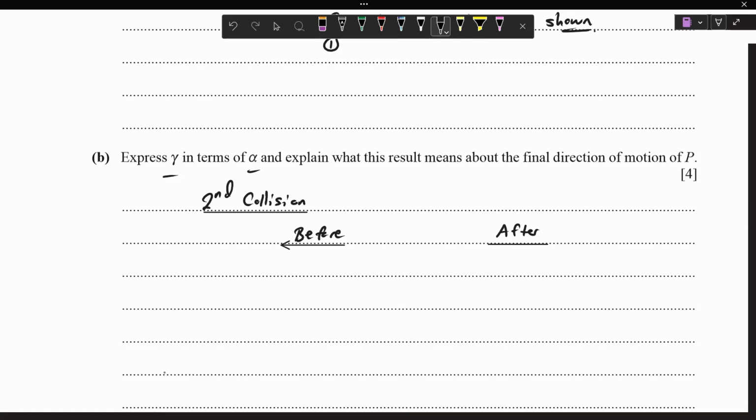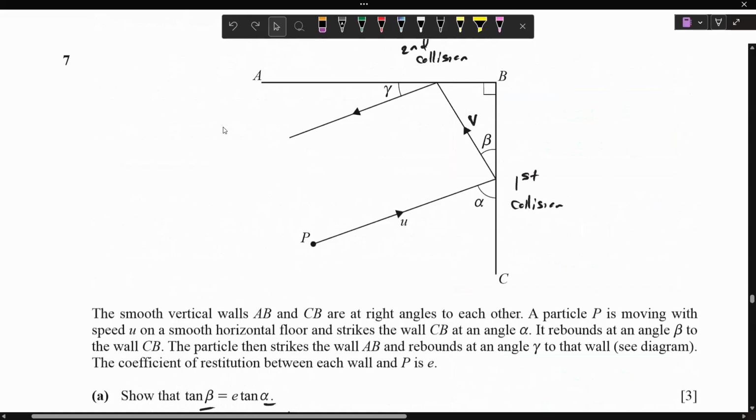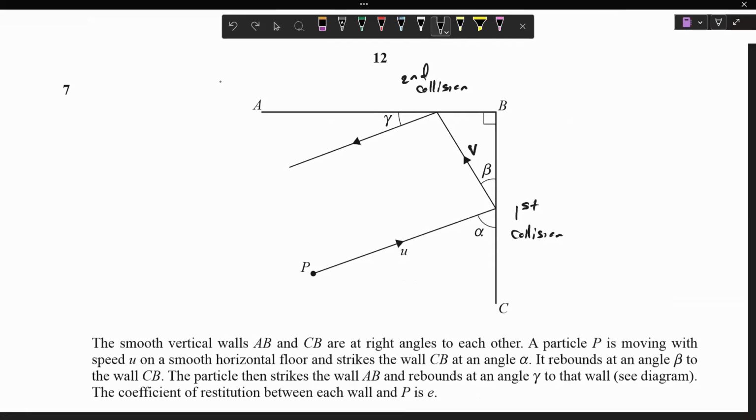All right. And we look at components that are parallel and perpendicular. We will also require the perpendicular ones. But let's start with the parallel components. Parallel to the surface, in this case, is the wall AB. We don't know what this is. So since we don't know what it is, we said U, we said V, so we can use W for this.